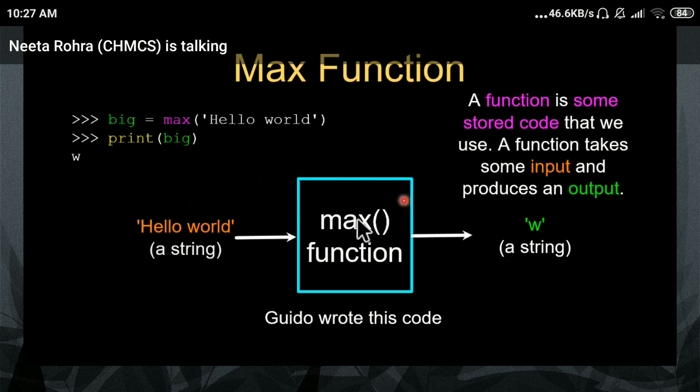What you do in this black box, this blue box, is the programmer's thing. Guido wrote this program. This code was written by the author, the father of Python.